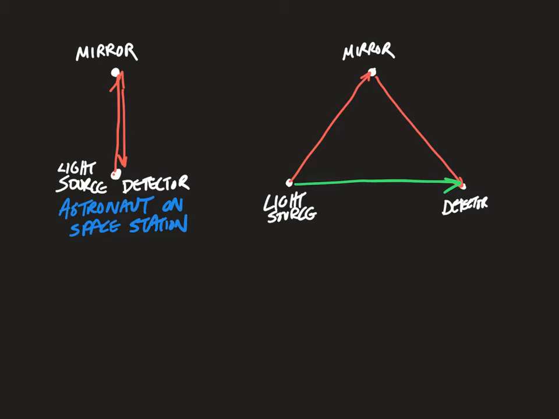If you imagine stacking your hands, your bottom hand is the light source and the top hand is the mirror. And this is moving, and so you have to trace out this triangle for the motion. So what we're going to do is try to combine the two frames of reference.